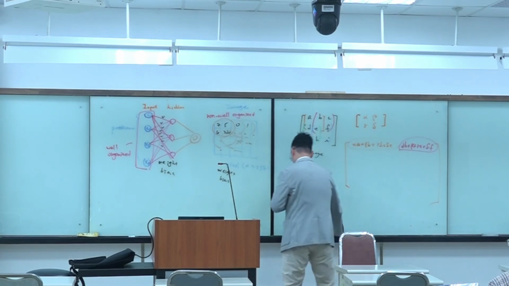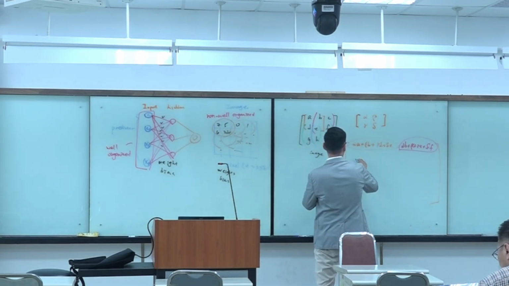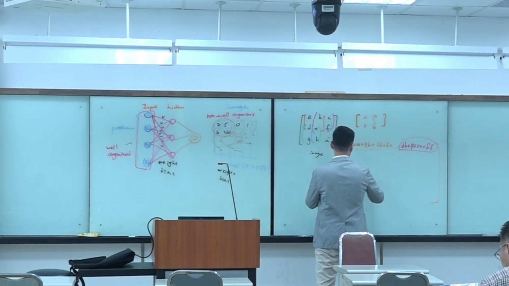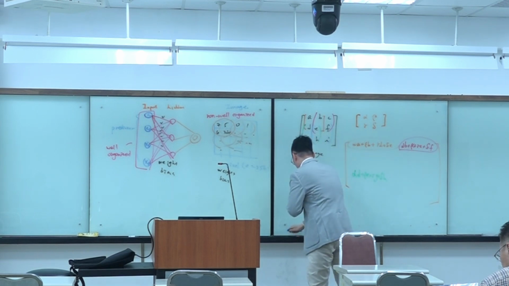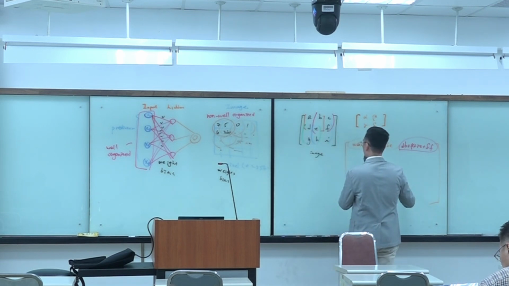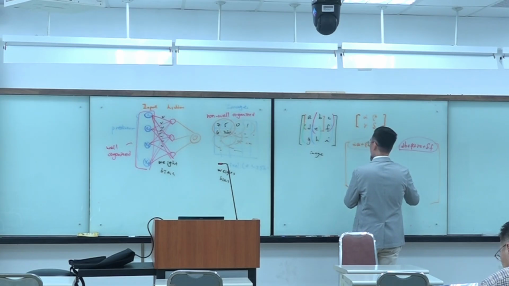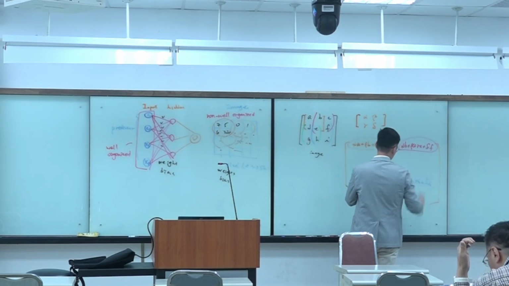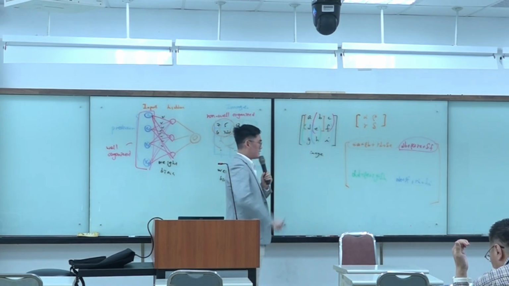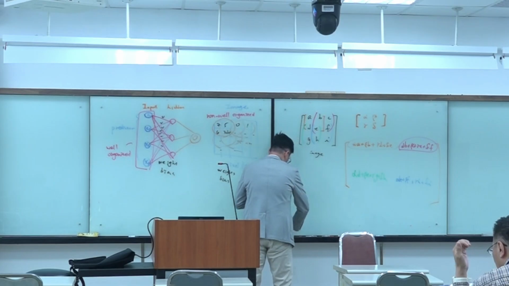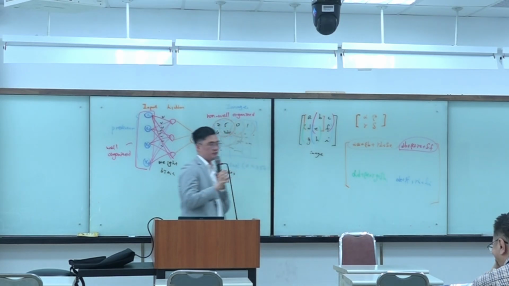So then this one is alpha D plus beta E plus gamma G plus delta H. And the last one becomes alpha E plus beta F plus gamma H plus delta I. Okay, so that's the output after your kernel filtering.